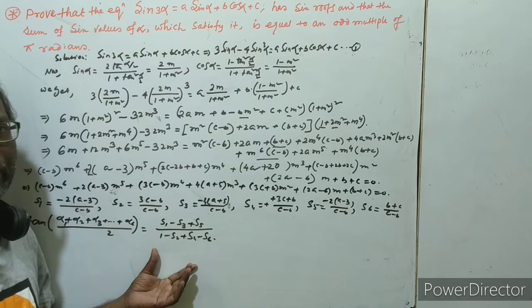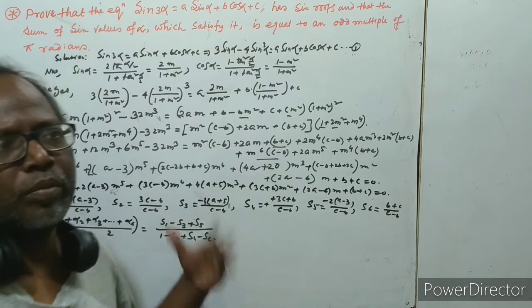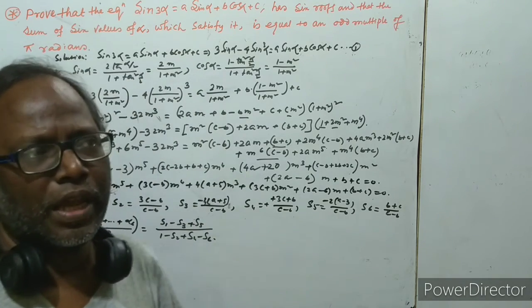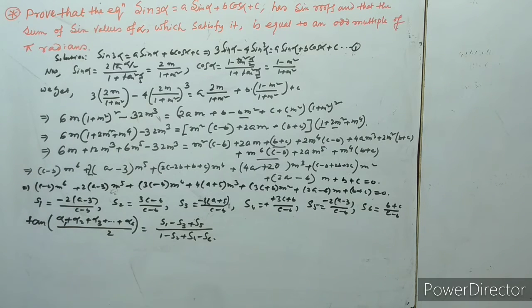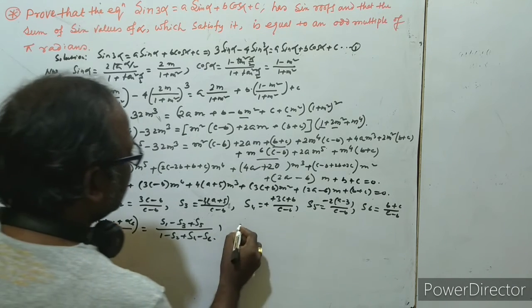So this formula we have introduced in my previous video of complex numbers. There was the expansion of that. See the previous video of complex numbers. There was the discussion about this formula.